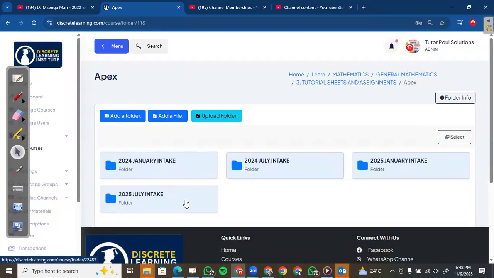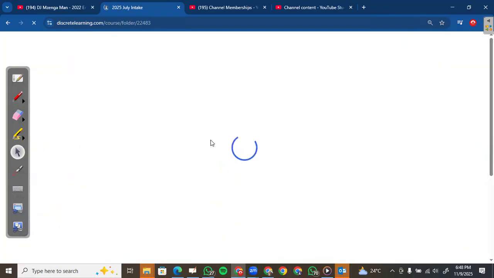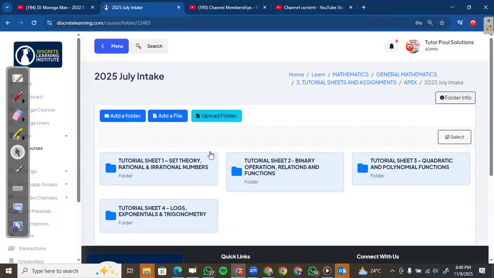Then you go to the 2025 July intake. Of course, we also have tutorial sheets for all the other intakes. You can see tutorial sheet 1, full videos are there. Tutorial sheet 2, full videos. Tutorial sheet 3, full videos. Tutorial sheet 4, full videos. We solved all the questions, so you can be learning at your own time, at your own pace.